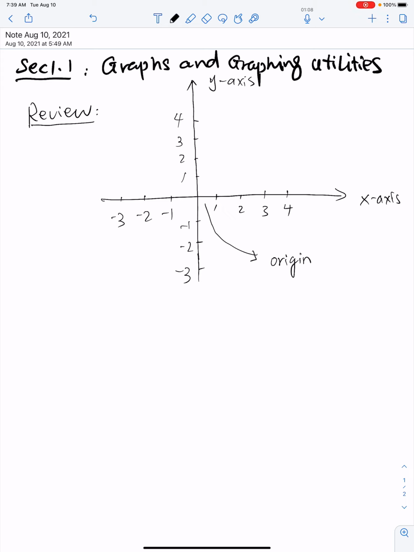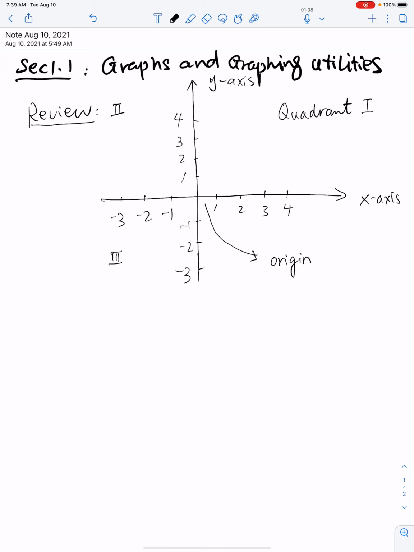The whole plane is divided into 4 parts. We define these 4 parts as quadrants. Where is quadrant 1? Here is quadrant 1. Here is quadrant 2.